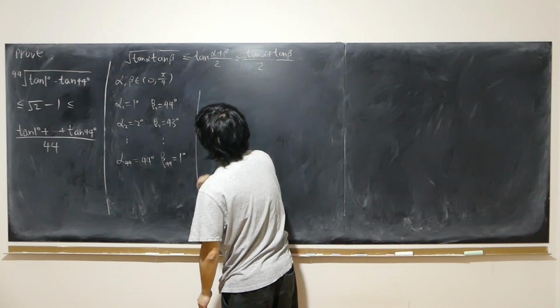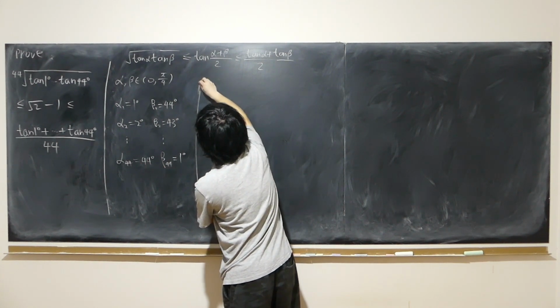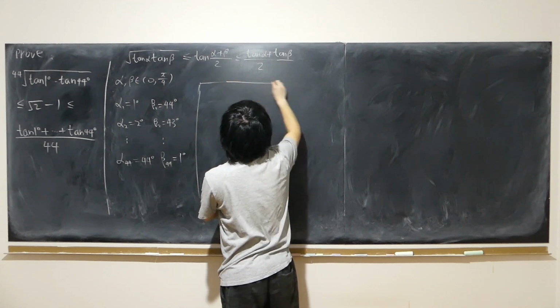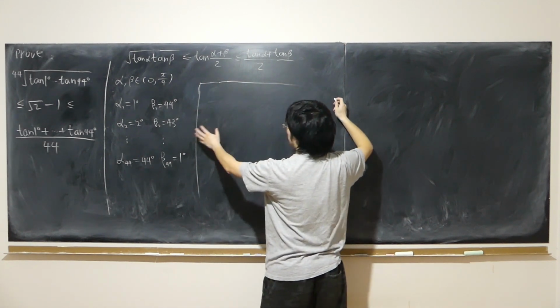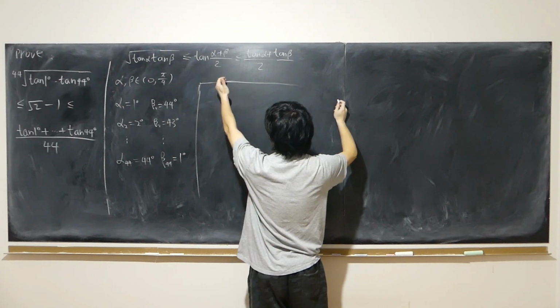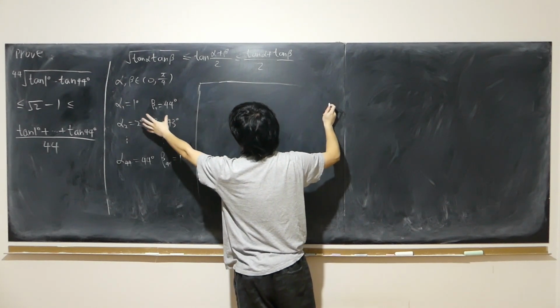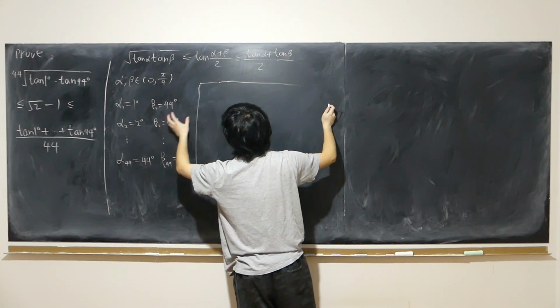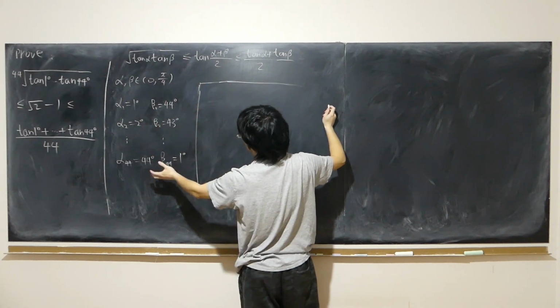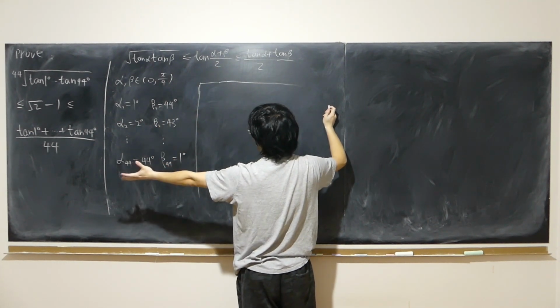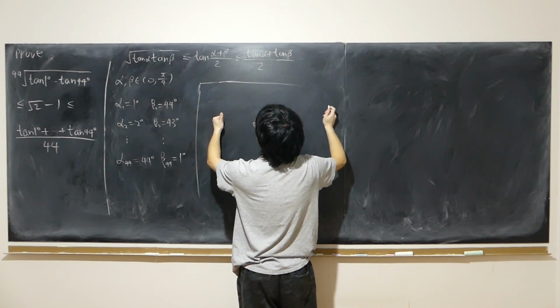If I add them all up, I have 44 inequalities, because every time I just insert alpha j, beta j into here, j goes from 1 to 44. I got 44 of them.